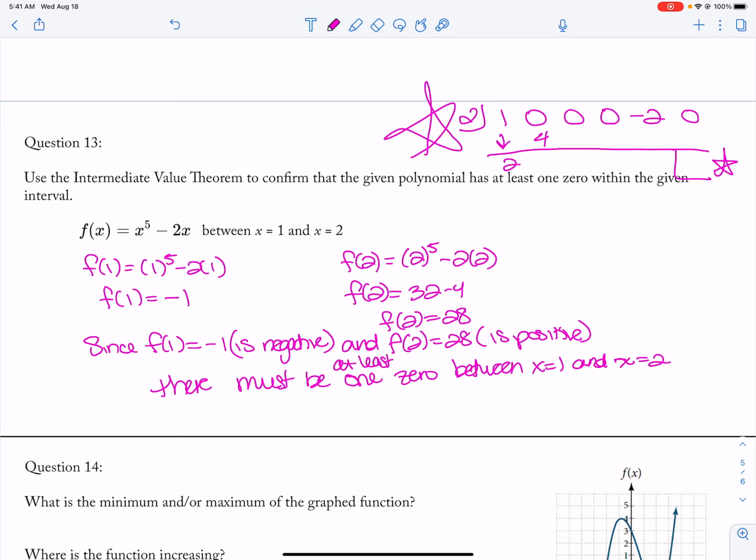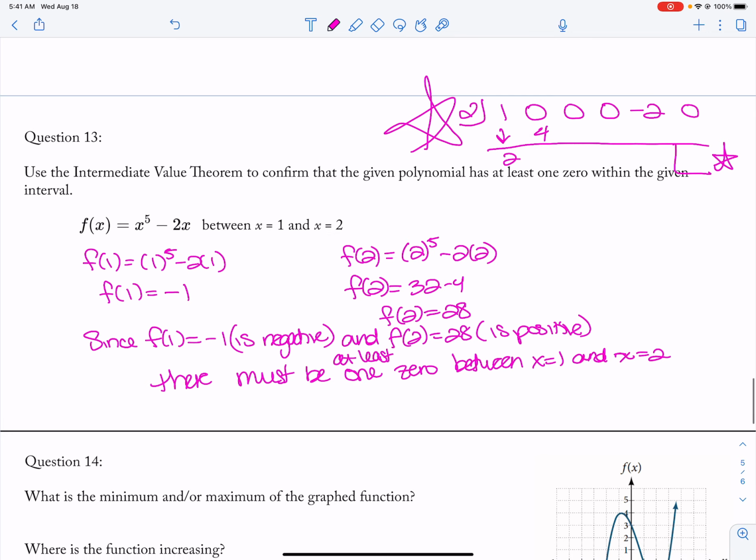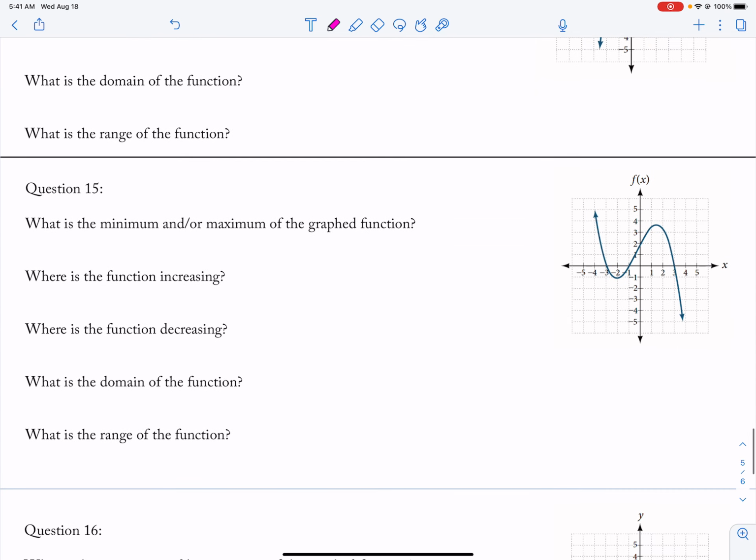Okay, so now I'm going to look at some graphs just to get you talking about maxes and mins and increasing and decreasing. A minimum of the function is at negative 1.